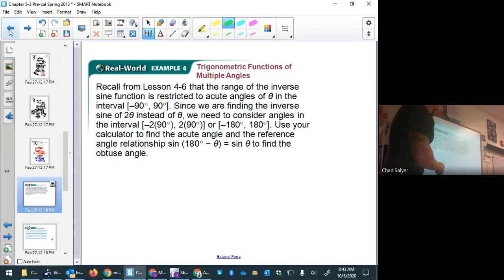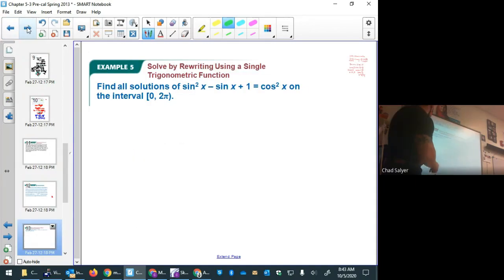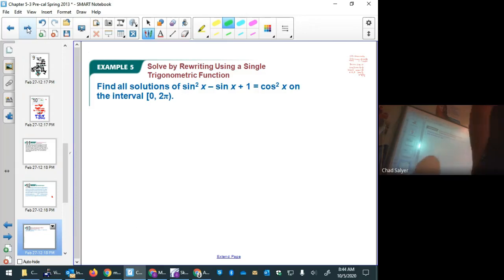Doesn't really give a solution, does it? Okay, so rewrite by using a single trig function. Here we're going to apply some identities. So for the first time, a solution will elude us unless we use one of the identities we've been taught. And in this case, the Pythagorean identity.